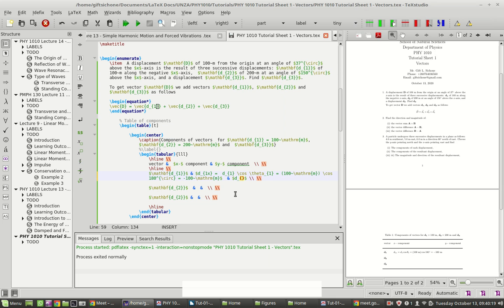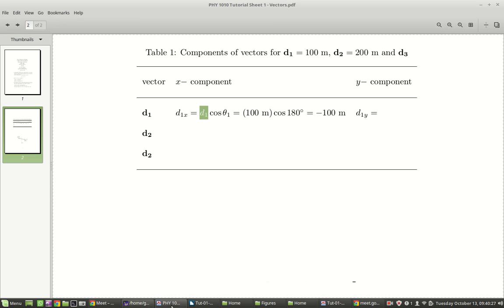Similarly, we have to work out the y component of d1. So we need to work out d1y. How are we going to get d1y? 100 sine 180. The 100 is what?